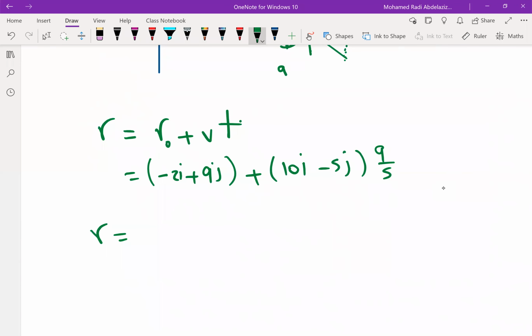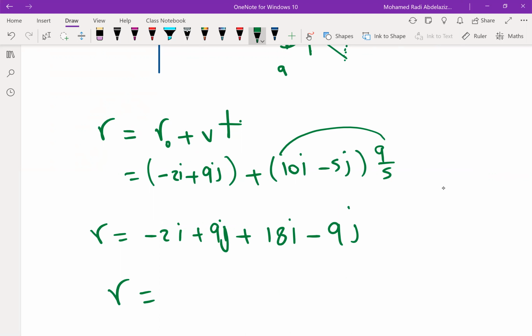Simplify to get the final position, -2i plus 9j, plus when you expand, you will get 18i and 9j. Simplify, -2i and 18 is 16i.